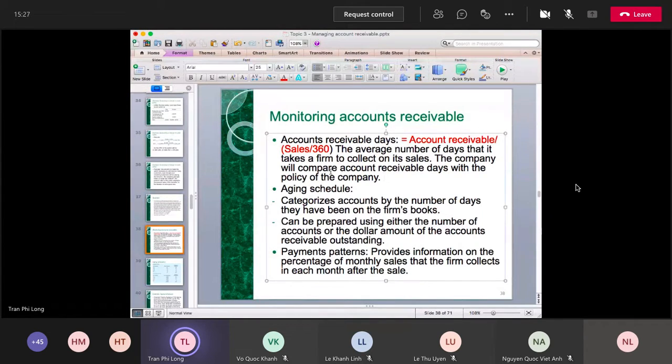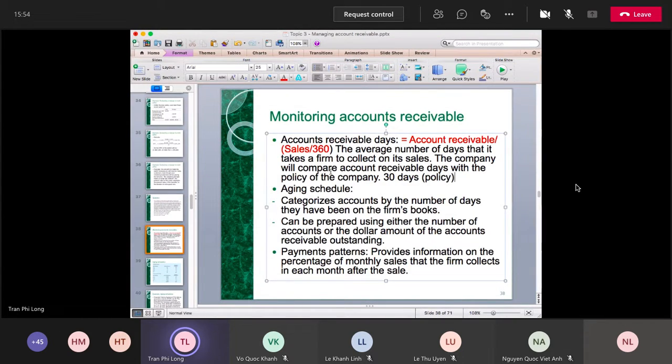For example, if the policy allows the customer to pay after 30 days, however, when you calculate the account receivable days of your company, you find out that the account receivable days of your company is, let's say, 40 days.